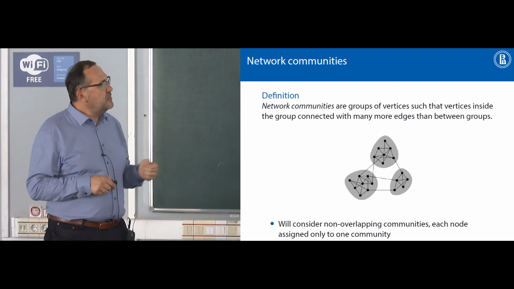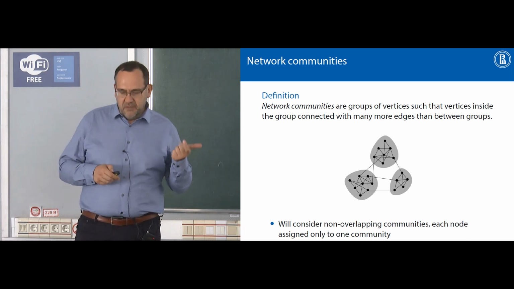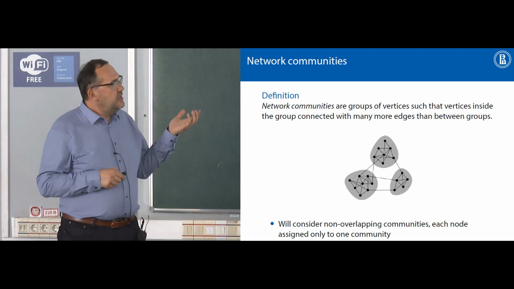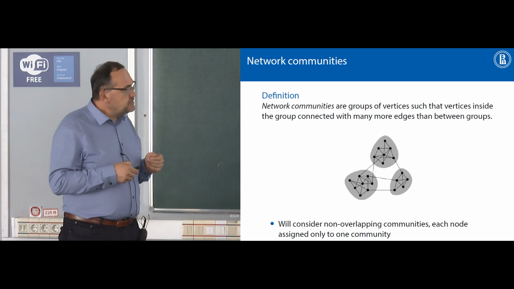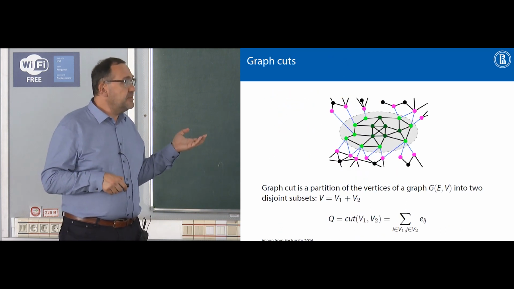And in some sense, you can think about those as bridges, right? So if I can find those bridges, then I can do this graph partitioning, and then I can detect communities. So there are metrics to do this. The simplest metric is graph cut.